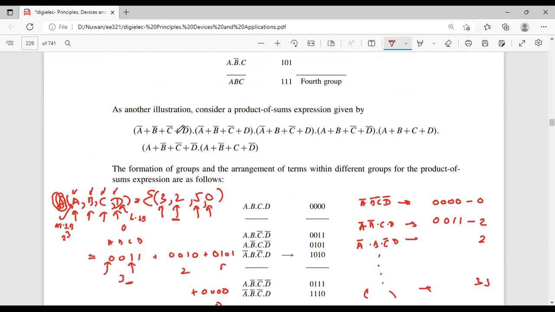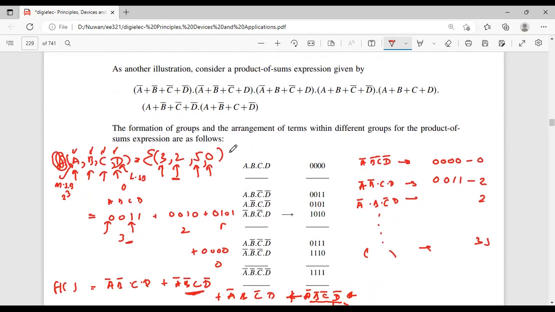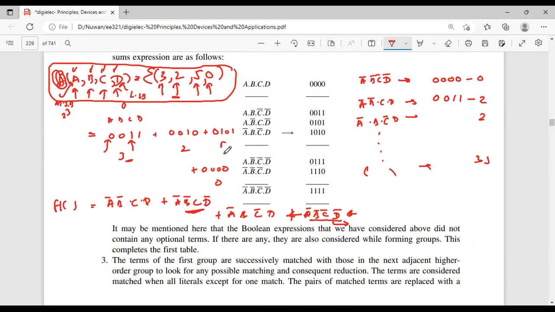Because I get this kind of expression to do the simplification. You will be given the sum of product in this form. First you have to expand it and write it in 4 variables.